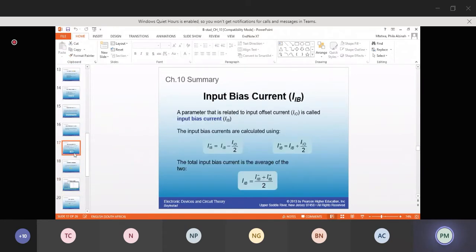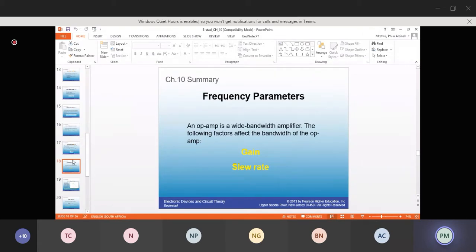Another important parameter here is your slew rate. It's important to know that an op-amp has a wide bandwidth compared to all other amplifiers.